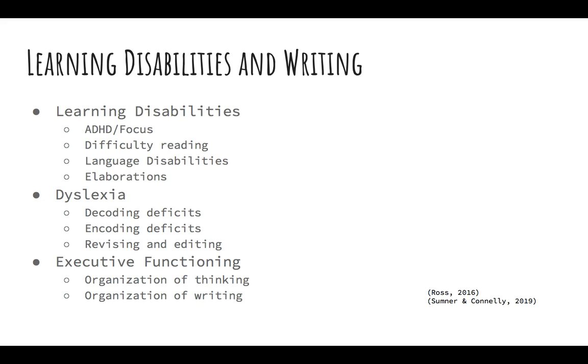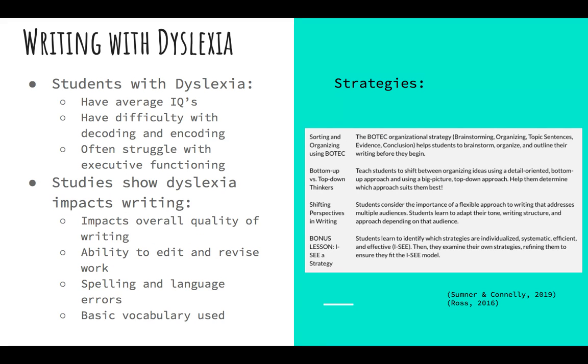And then executive functioning typically goes along with learning disabilities and dyslexia, where their organization of thinking and then their organization of writing are really impacted. So, in order to address students with writing with dyslexia, it's important to remember that they have average IQs.